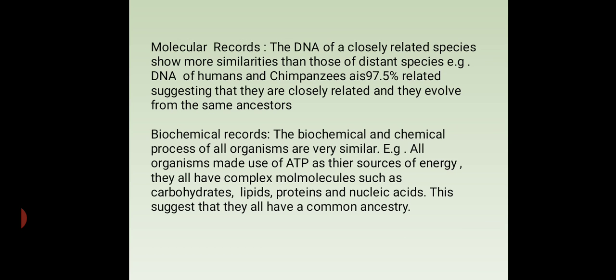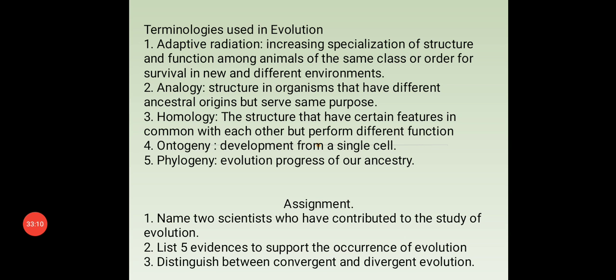The second one is analogy. Terminology used in evolution. 1. Adaptive radiation. This is increasing specialization of structure and function among animals of the same class. For example, man, dog, goat, and so on and so forth. They are in the same class because they are in the class Mammalia.